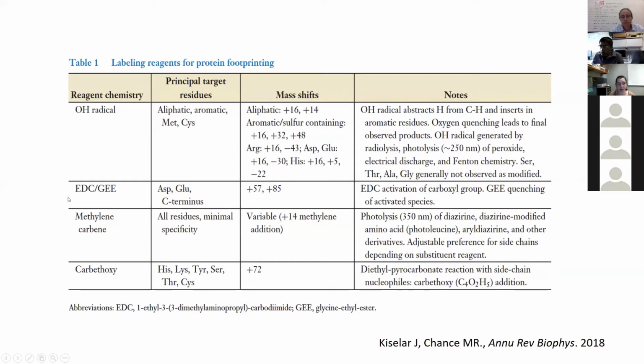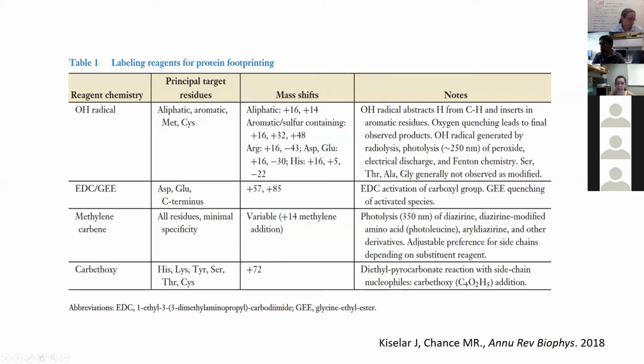So the second quite widely utilized chemical now is EDC and GEE. So this EDC is a small zero length cross-linker, which is typically used in a cross-linking experiment.